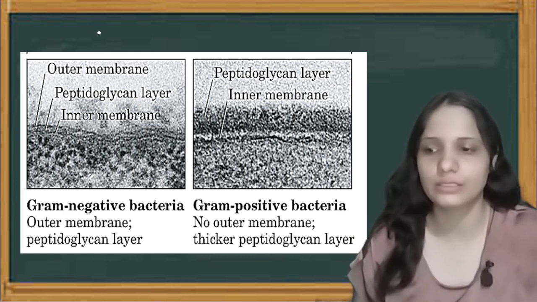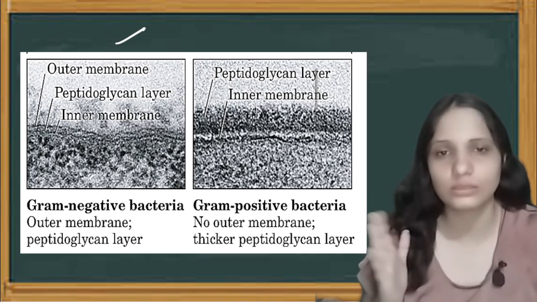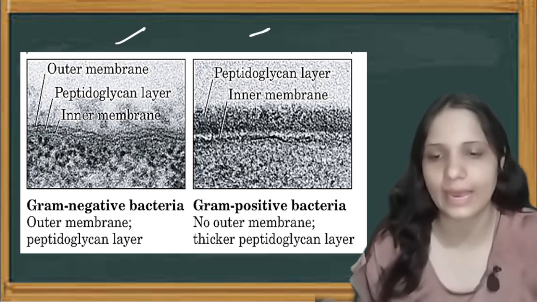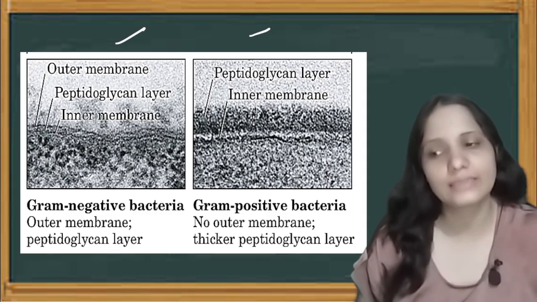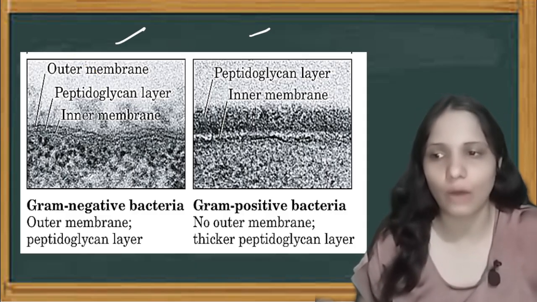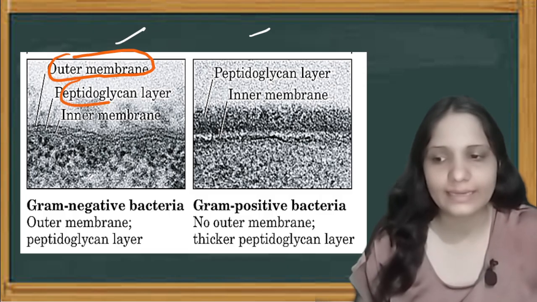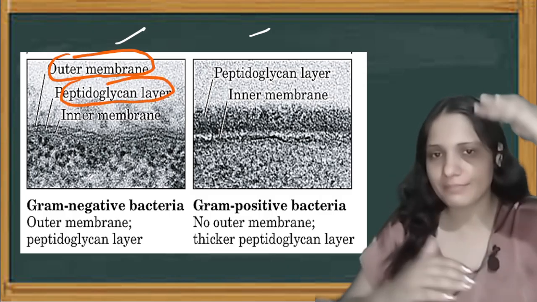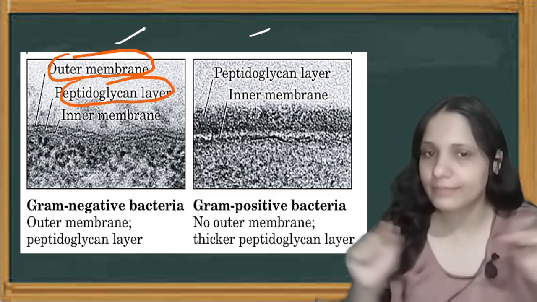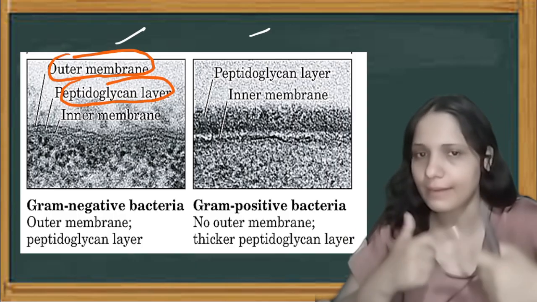So here we have the differences between gram negative and gram positive bacteria: on the left side gram negative, and on the right side gram positive bacteria. In gram negative bacteria, first we have the outer membrane. Then the peptidoglycan layer in between the outer membrane and the inner membrane. This inner membrane is the plasma membrane. We all know each and every cell is surrounded by a plasma membrane.